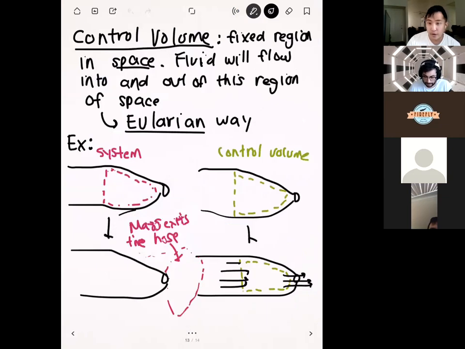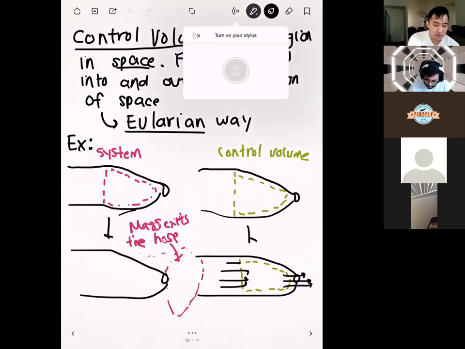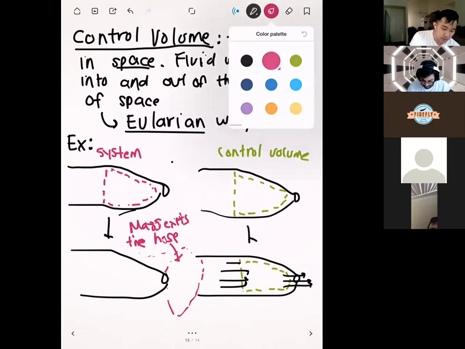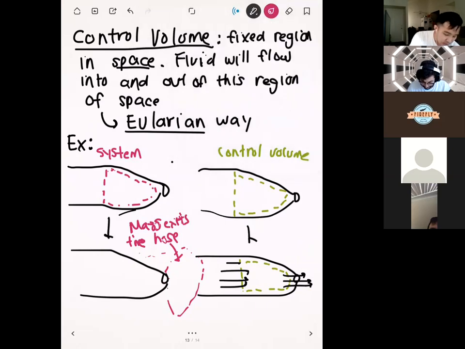Okay. So the control volume diagram. This is just the difference between a system and a control volume. Remember, a system will follow a fixed amount of mass. In this diagram, for the system, I'm going to take this amount of mass right here, and then I'm going to follow it no matter what.